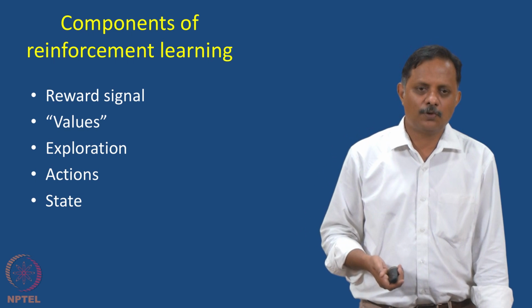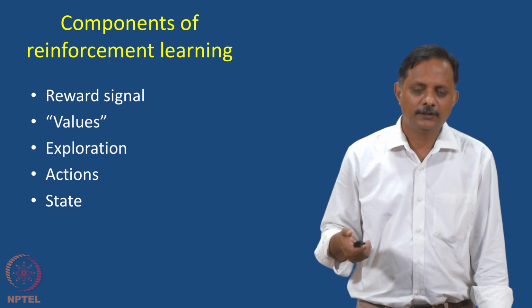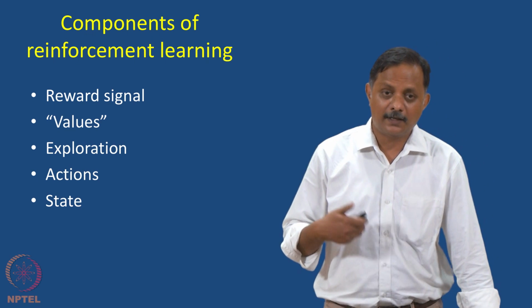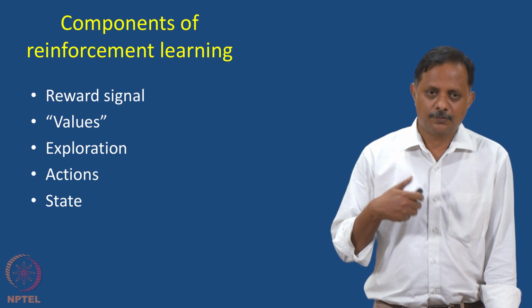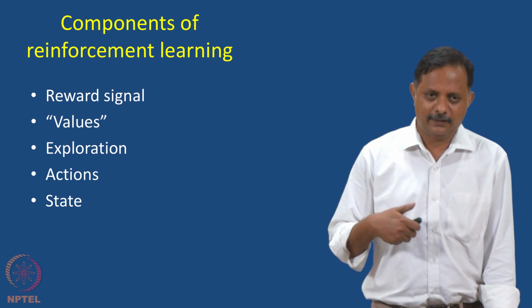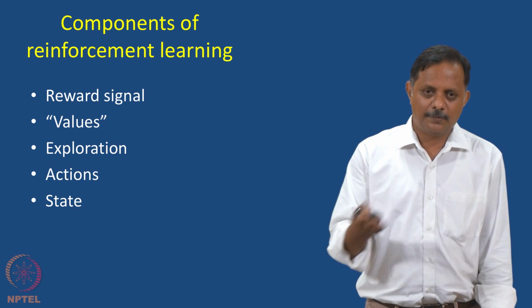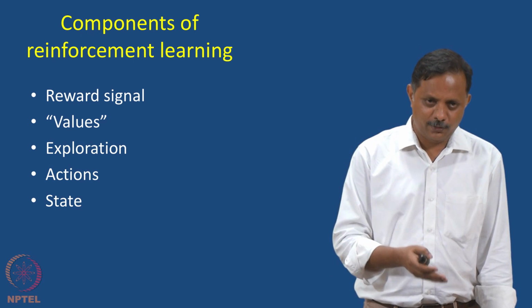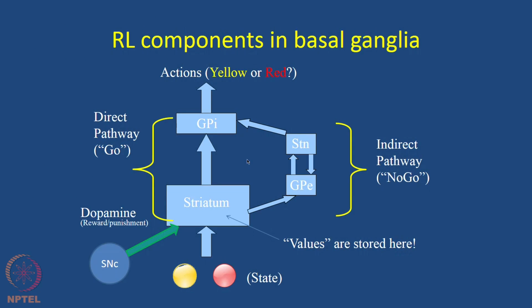Then you should be willing to explore and see if there are other actions which you have never sampled, which might even give you greater reward than what you've already seen with the known actions. Then you should perform actions, and there should be a state. So for example, here you should be able to look at the yellow button and red button and distinguish that this is yellow and this is red, and that's the state.